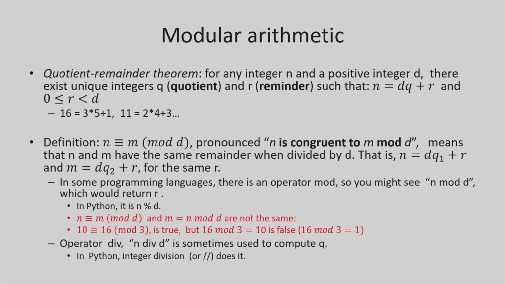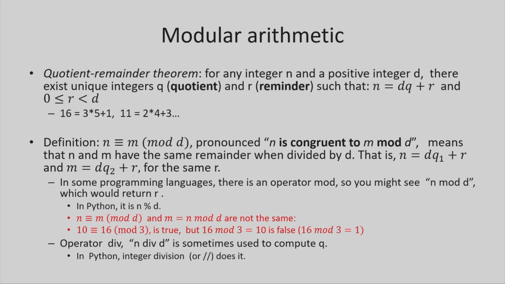For any integer n and positive integer d, there are unique integers, let's call them q and r, such that n equals d times q plus r. And that r, moreover, is non-negative. It's greater than or equal to 0, but strictly less than d.